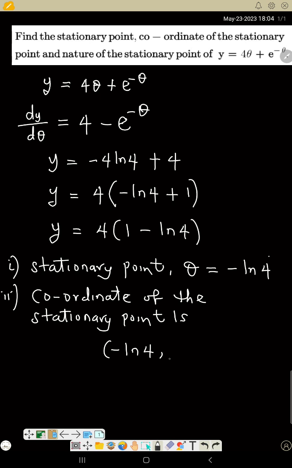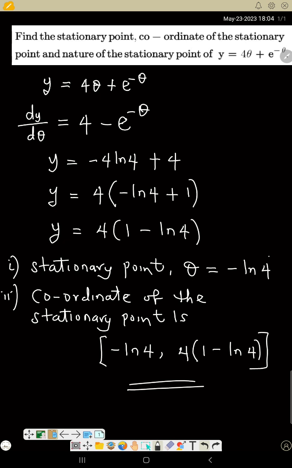So the coordinate of the stationary point is minus ln 4, 4 times (1 minus ln 4). So this is the coordinate of the stationary point.